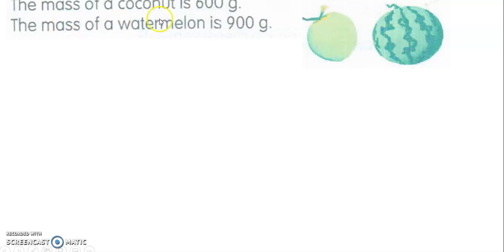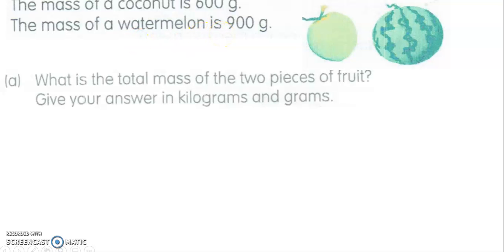Alright, the mass of the coconut is 600 grams. The mass of the watermelon is 900 grams. Question A: What's the total mass of the two pieces of fruit? Give your answer in kilograms and grams.